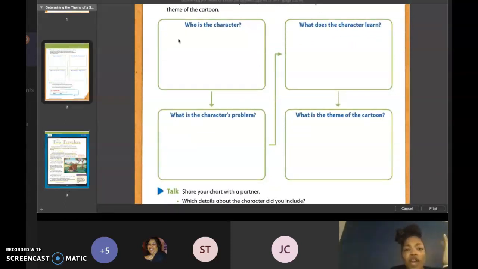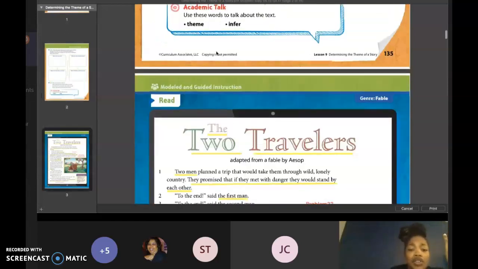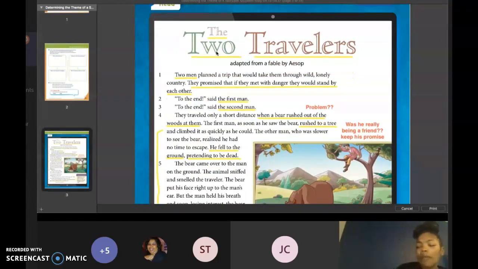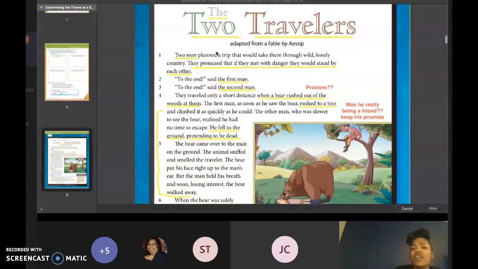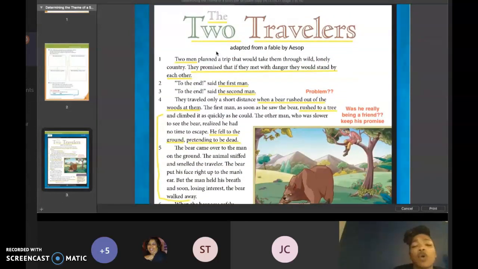The characters. So the first box in our graphic organizer is talking about who our characters are. Somebody really quickly in the chat box, let's see who's going to put it in the chat box first. Who are the characters in our story? Even if you didn't have a chance to read for whatever reason, you can just look up here on the screen really quickly. Let's see.